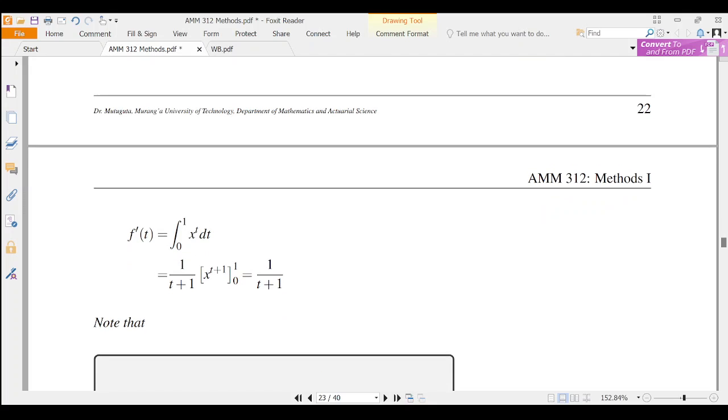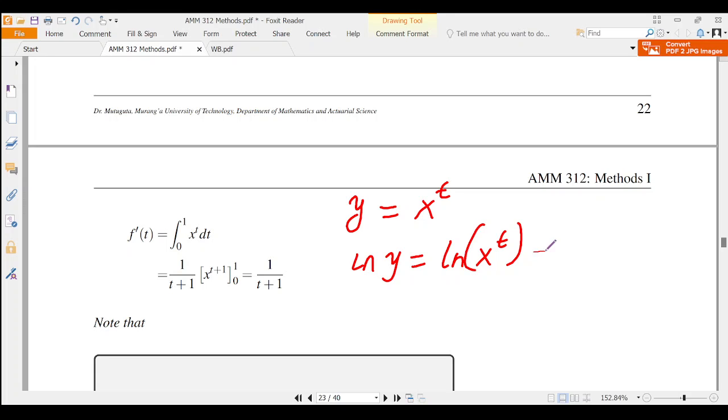Now, if we have a function, say I'm going to call it y, a function of t expressed as x raised to power t, and we want to differentiate this with respect to t, one of the methods we can apply is to take logarithm on both sides. So I take logarithm of y, which will be equal to logarithm of x raised to power t. And then we can apply the rules of logarithms on the right-hand side so that we get t logarithm of x.